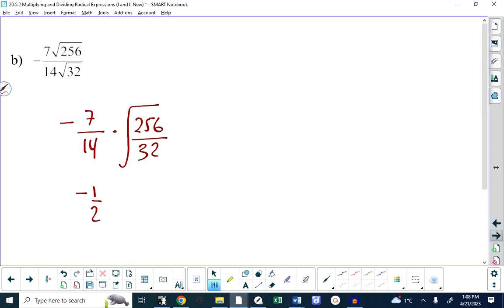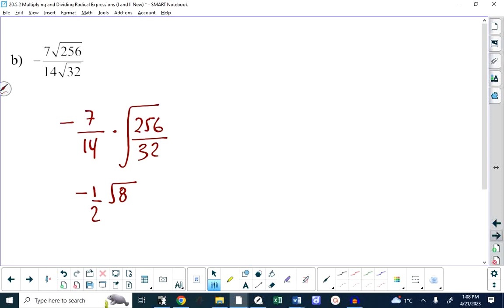And at this level, when you divide numbers that do not divide nicely, like 7 divided by 14, you reduce them to lowest terms. Is everybody clear where the 1/2 came from? 7 over 14 is a half, and it's negative. And you said 8. Notice when I write this, I would like you to try to write it this way.